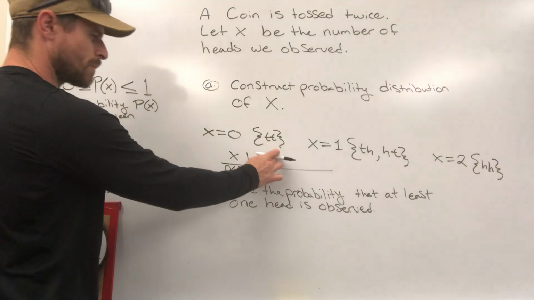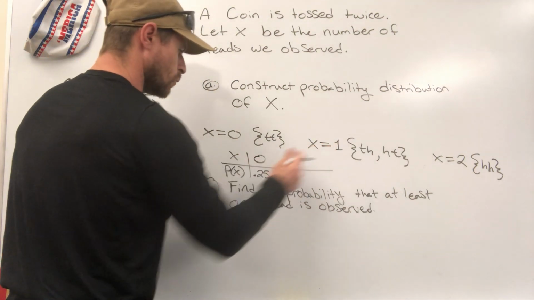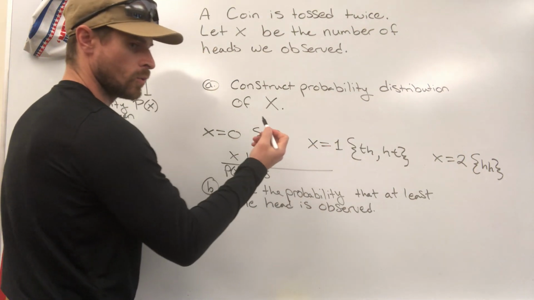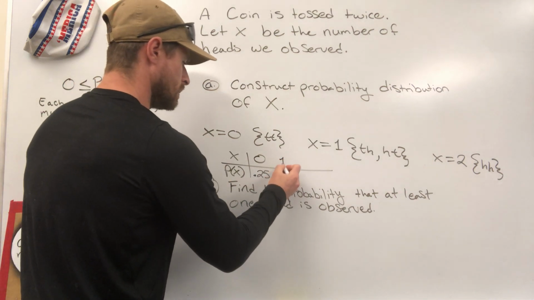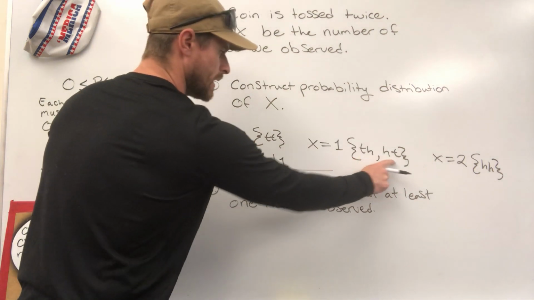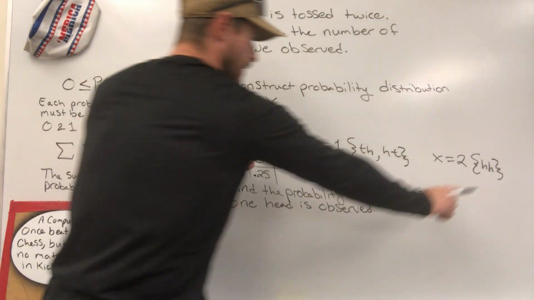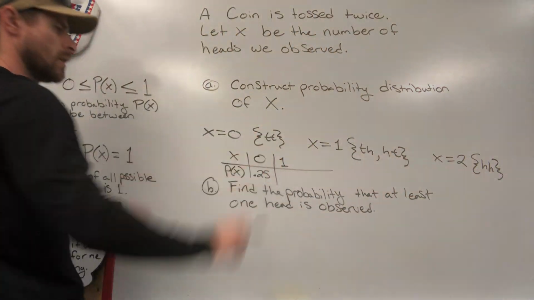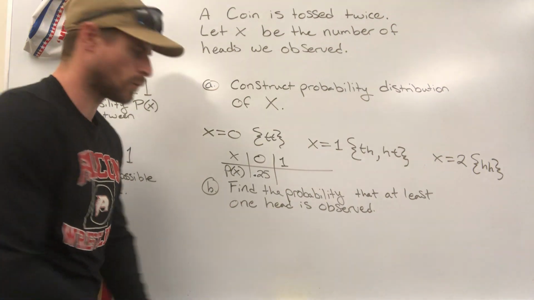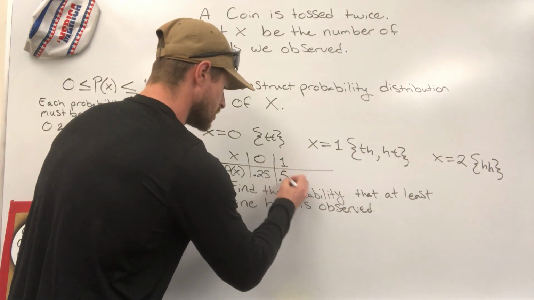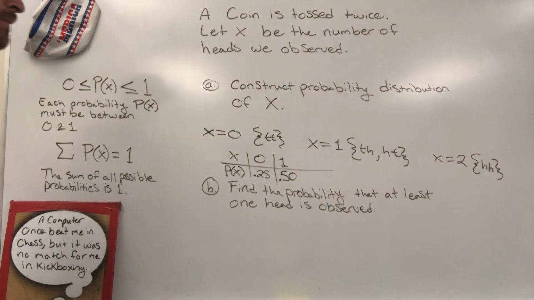Okay? What's our probability of X being 1, only seeing heads 1 time? Well, because that can happen 2 different ways, that would be 2 possibilities out of 1, 2, 3, 4 outcomes. Well, 2 out of 4, that's a 50% chance. All right?